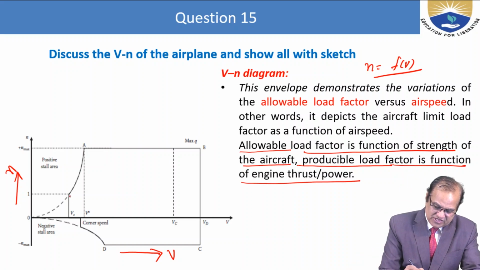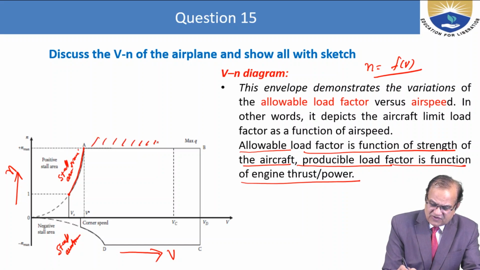Here we have the line. This line from here to here is a stall zone, the aerodynamic limit. And here also a stall zone, aerodynamic. This is the structural failure. This is also structural failure.